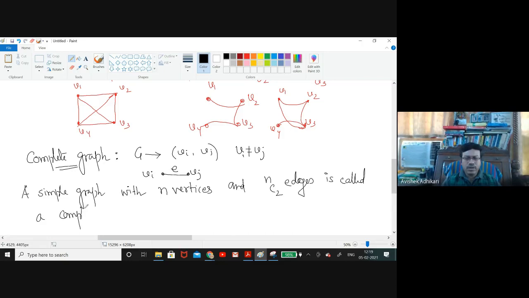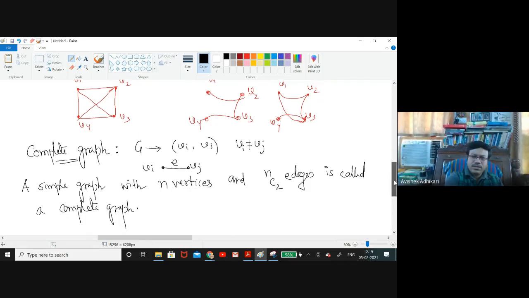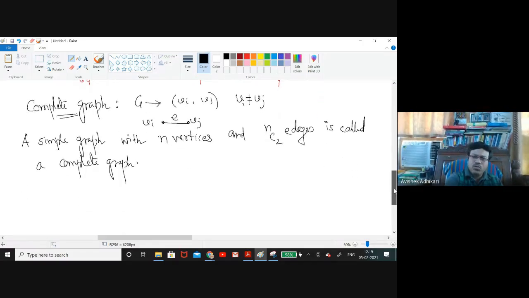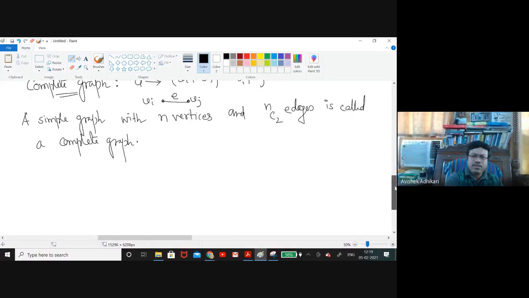Right? What you told, right? Kalpok, you told this thing? A simple graph with n vertices and n choose two edges is called a complete graph. Yes. Now, can somebody explain why Kalpok gave this definition of a complete graph?